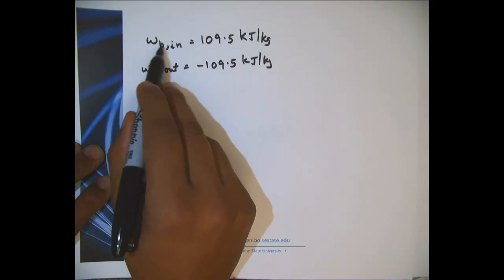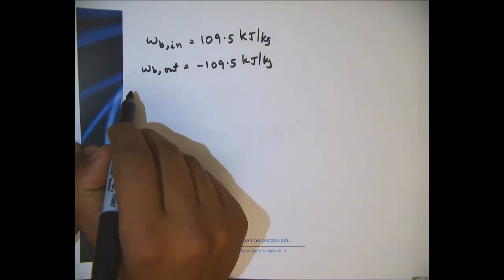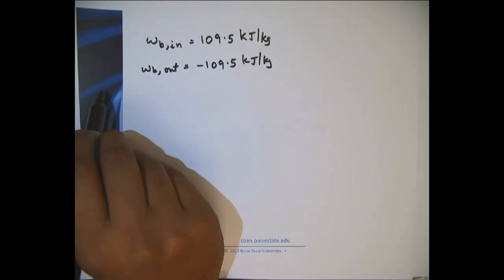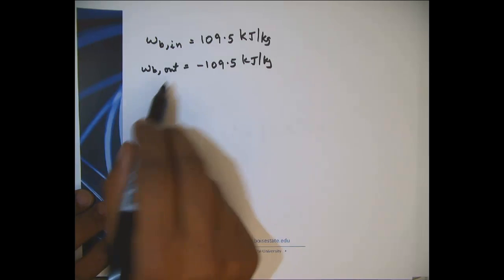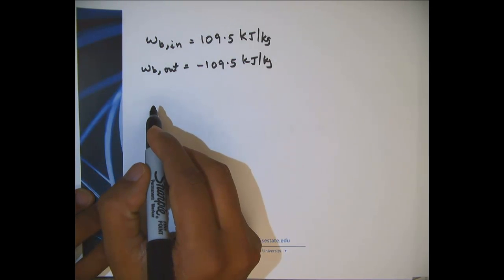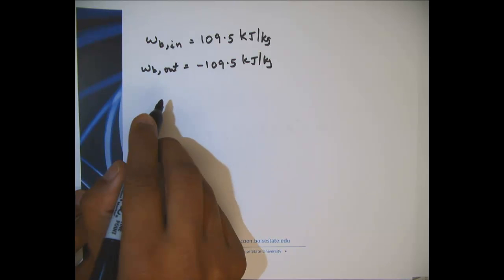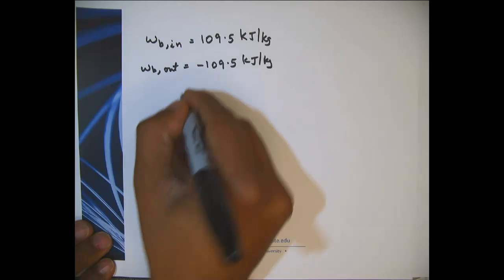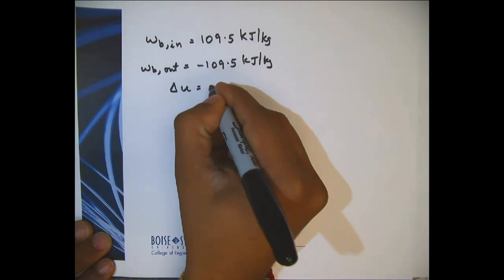However, I can write the same thing as W in, so if you want to represent it another way, that would be the work put in. It's just a convention. As long as you know what you're doing in terms of putting work in or getting work out of the system, it is fine.